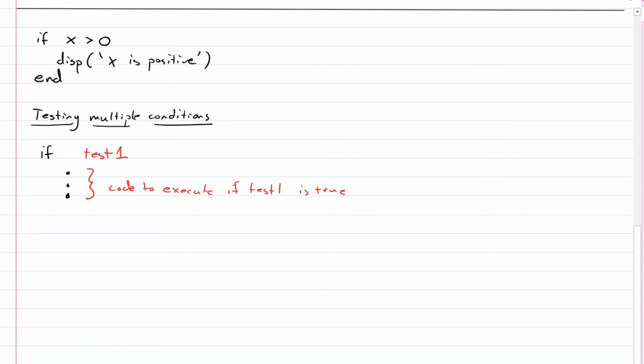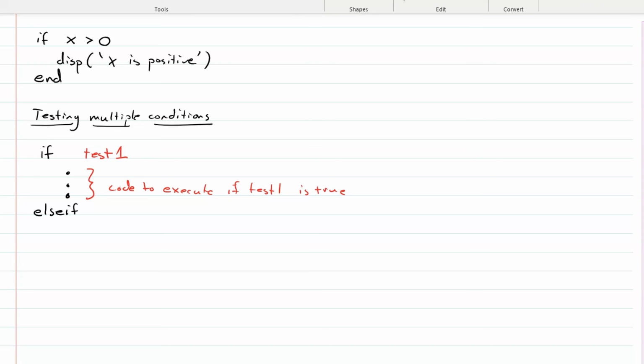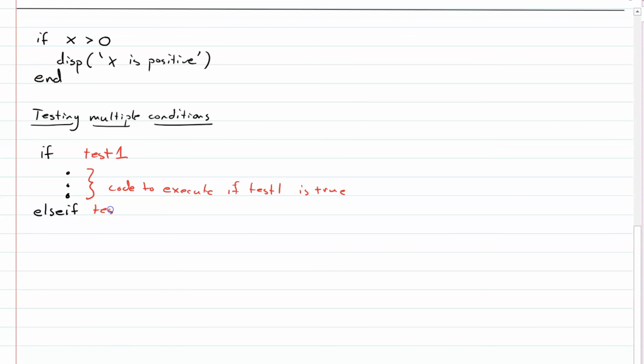So then I will put here else if, all one word, else if, and then another test. So let me put here test 2. And then maybe I have some code that I want to run here.